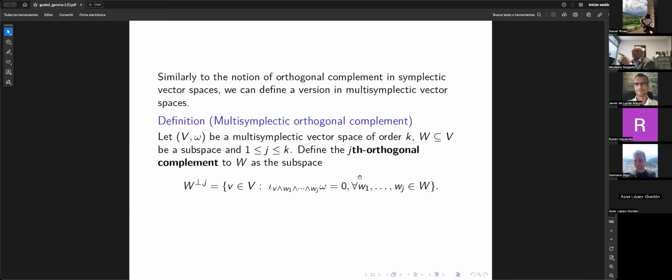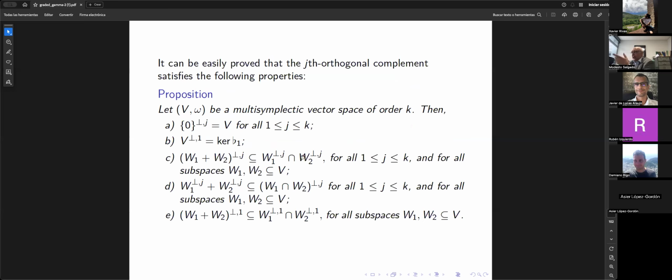The interesting thing is that we can reproduce, though it's more complex, the notion of orthogonal complements, like in symplectic vector spaces. But now we have the possibility of different degrees of complements, because we have a higher order form, and we can obtain the algebra of these complements.